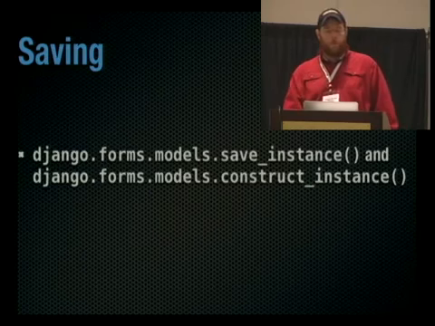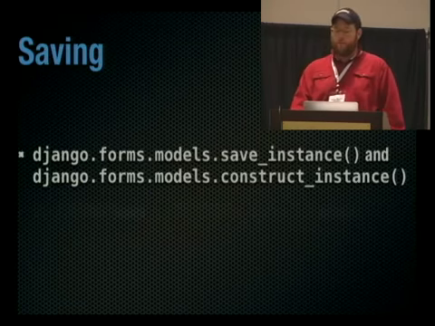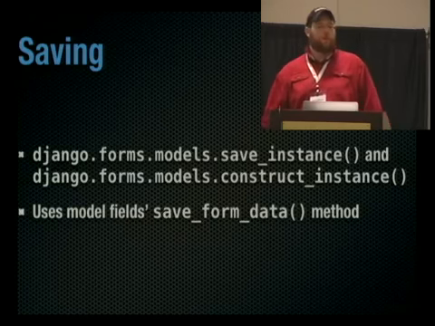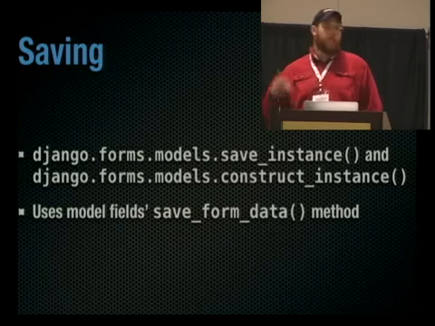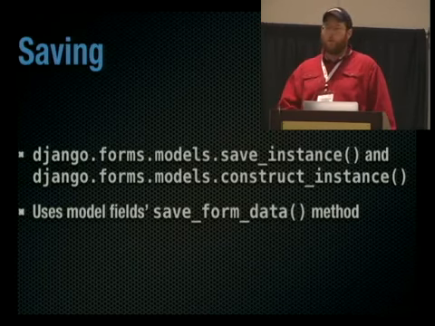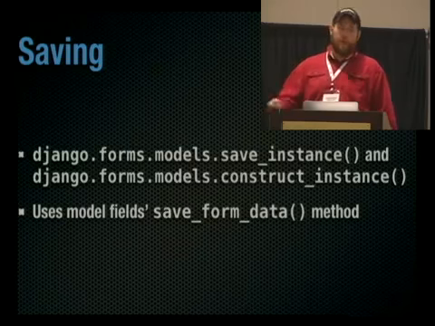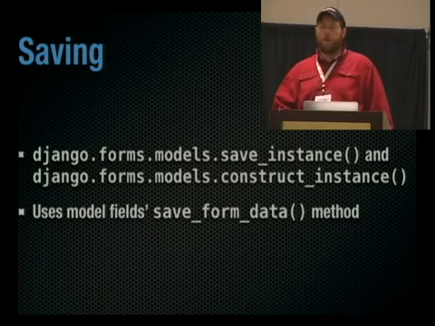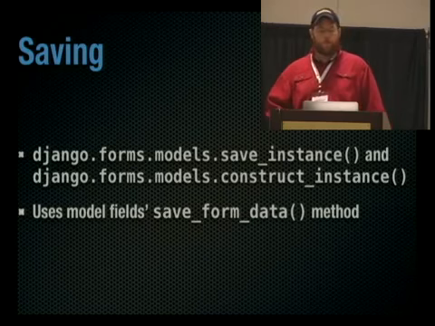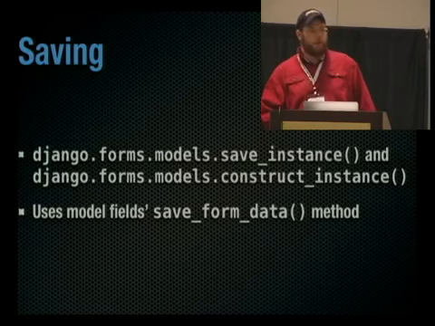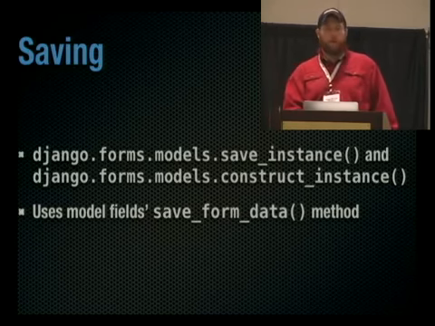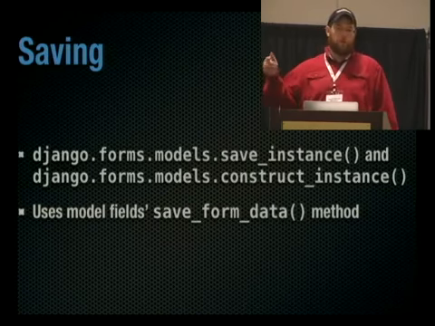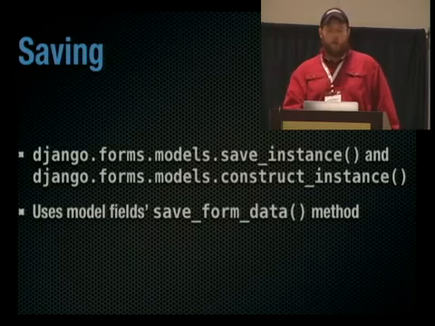For saving a model form, there are two methods, save_instance and construct_instance. The reason there are two methods is that sometimes we have an existing instance of the model that we're working with, and sometimes we're about to create a new one. The logic is slightly different depending on which case we're in, so we have two methods. Each model field also has a method called save_form_data that gets a piece of data from the form and knows how to put that in as the value of that model field.